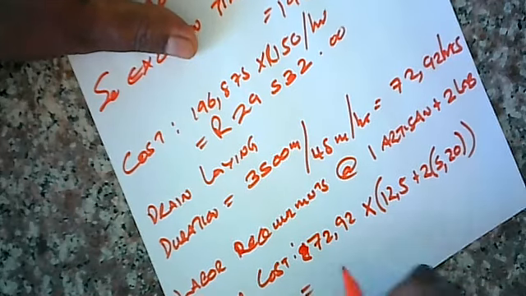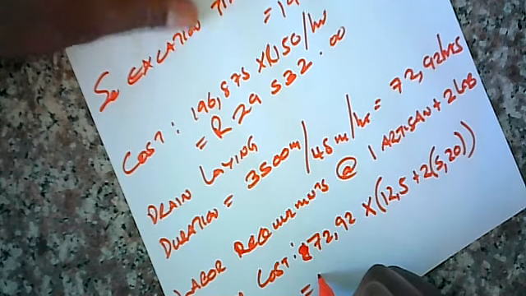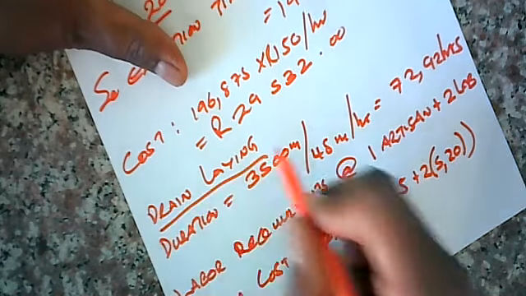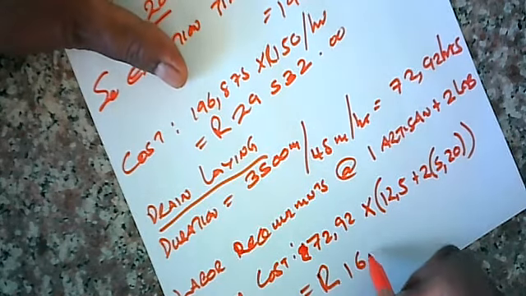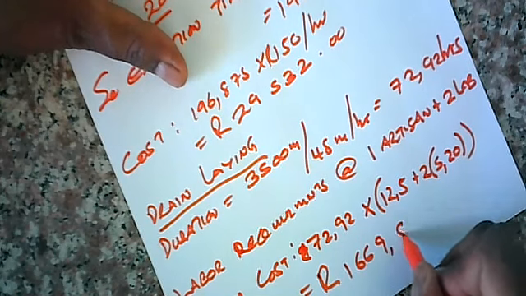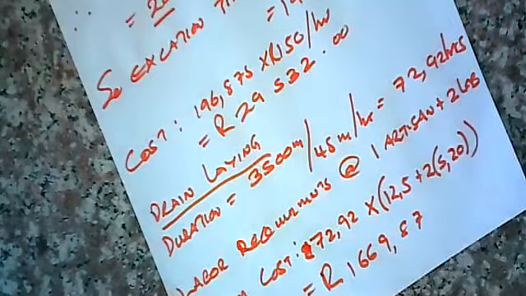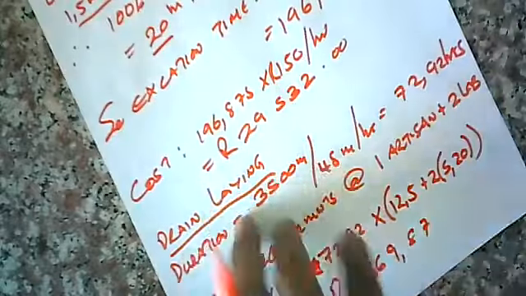And what we got? We got a labor cost for drain laying sitting at 1,669.87 bucks. All right. First for the backhoe tractor, then we went to drain laying.